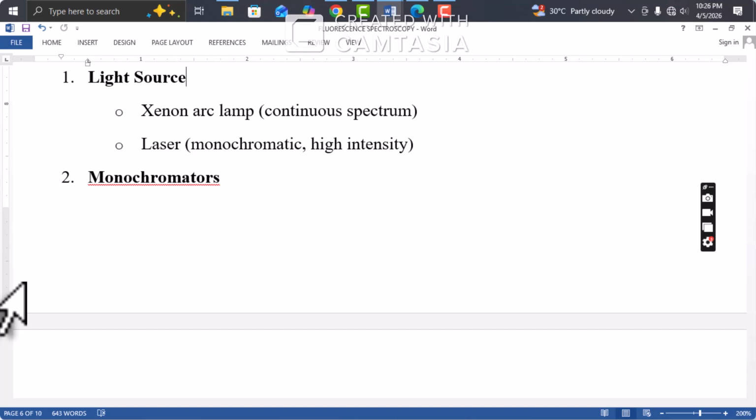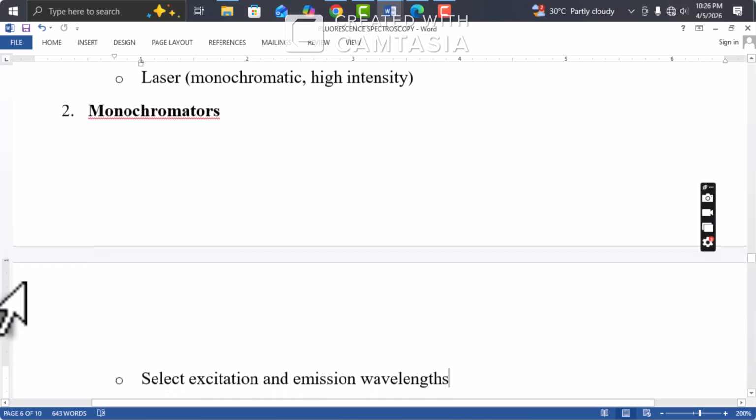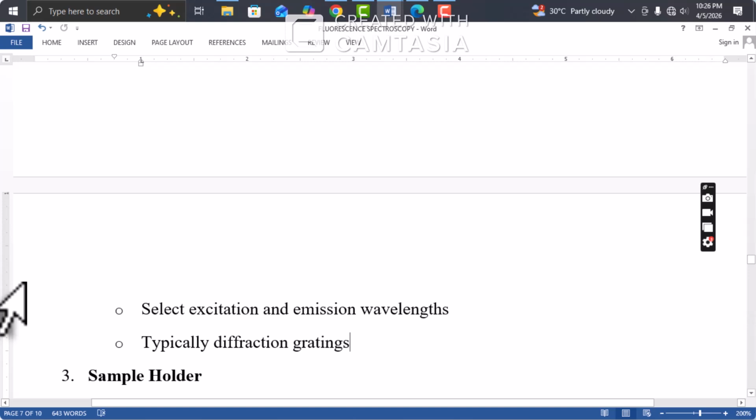Those are two common sources. Now to the monochromators. What's their function? They select excitation and emission wavelengths. As I said, with the fluorescence spectrophotometer you can work at different wavelengths. They contain diffraction gratings.